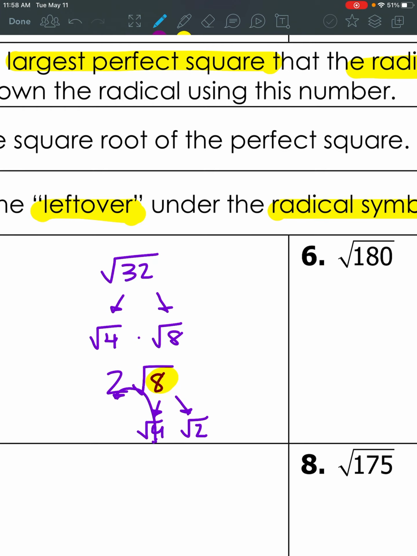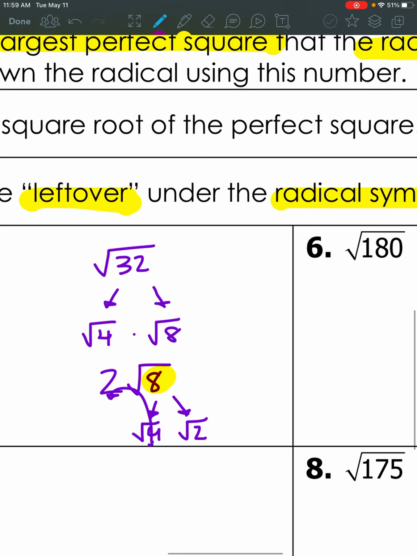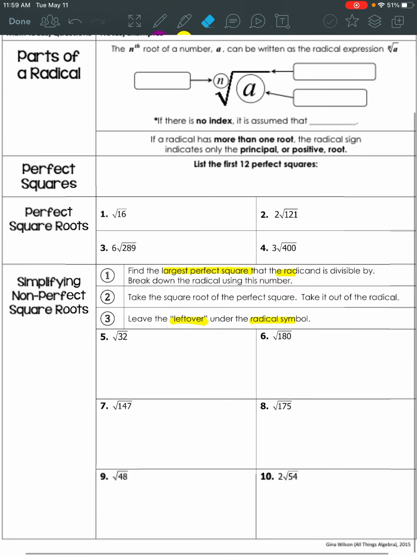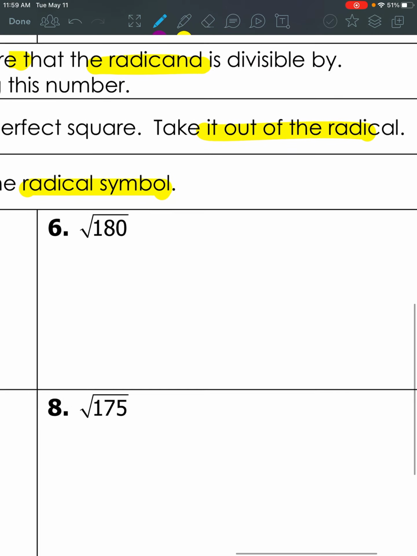So we'd multiply it to the front, leave the square root, you're going to get the same thing, 4 times square root of 2. But I was just showing you in case you didn't see the 16 right away and maybe you used 4. So I'm going to erase that just so that I don't confuse you, but you may run into that situation.